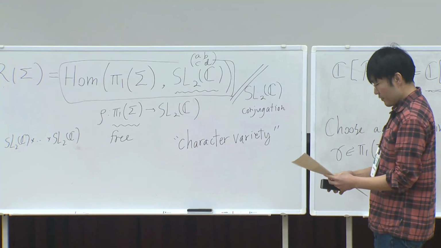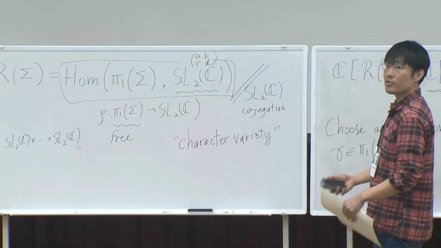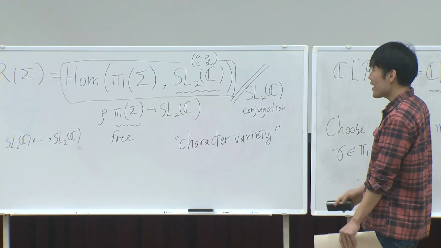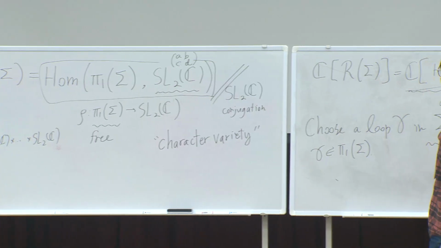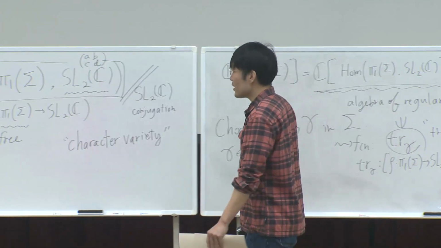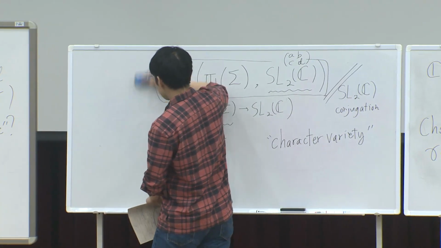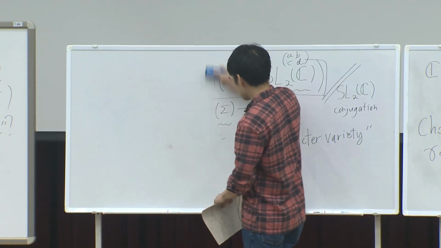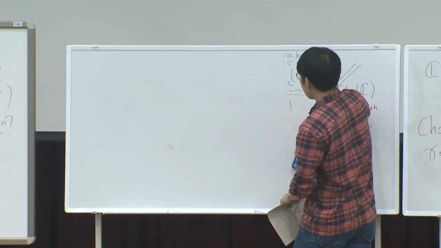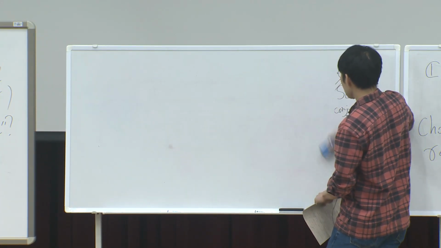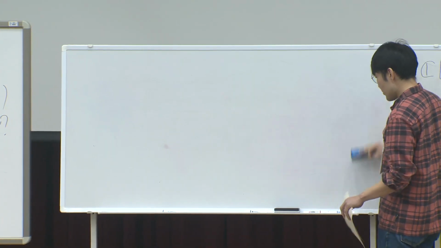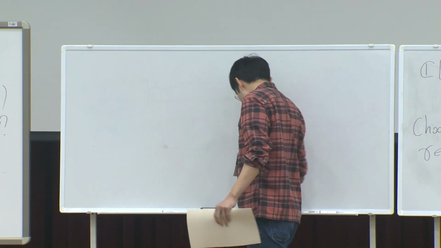I'll just be kind of vague and then just give an answer. This is a quantization of this space or its ring of functions. So while I'm erasing, I can say certain things. Everything will be described in terms of algebras or algebras of functions.